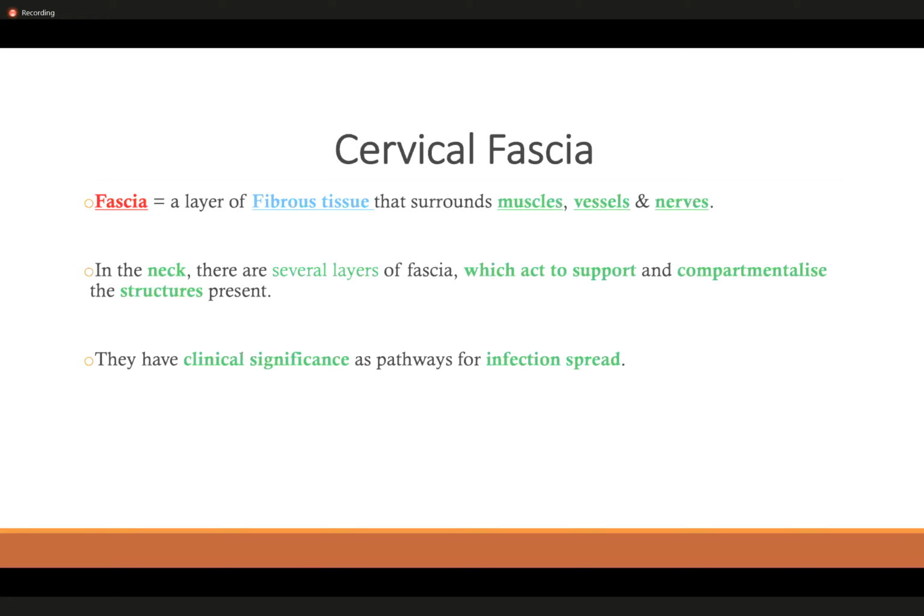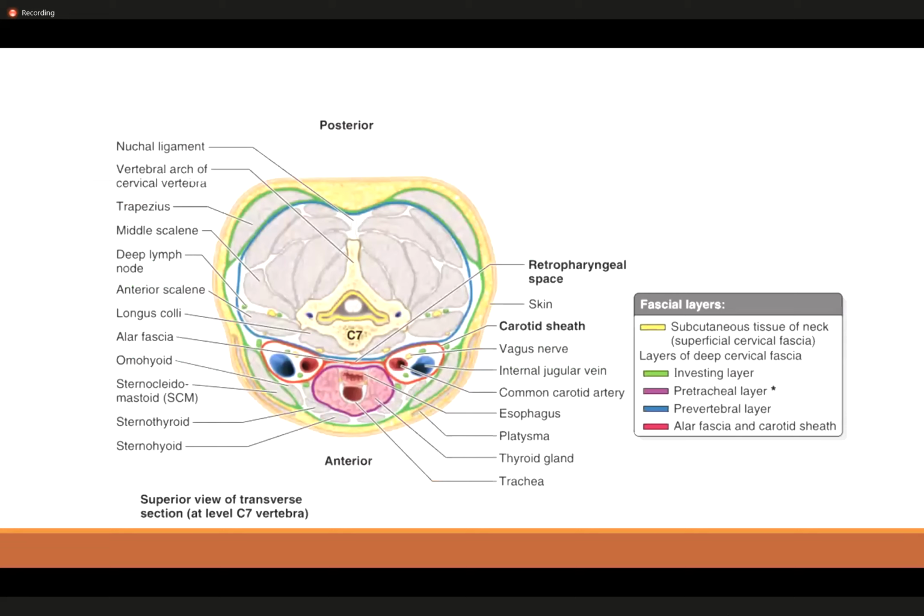So we'll look at these fascia. If you look at this cross section, you see that there are different colors. The first, more superficial layer, which you see in yellow, is called the superficial fascia. This is the most superficial fascia that covers the neck.